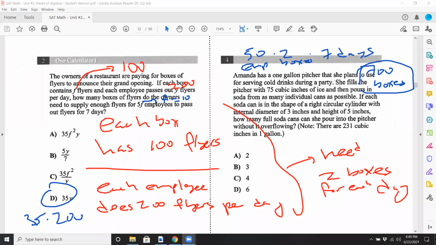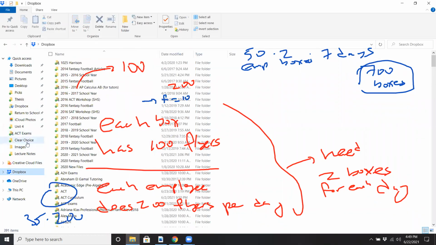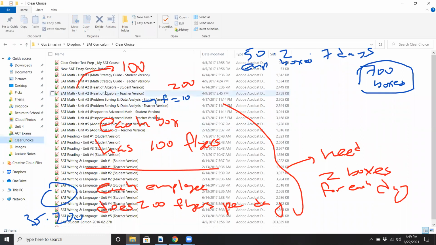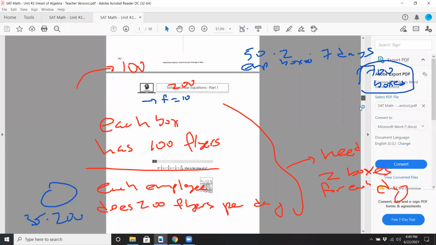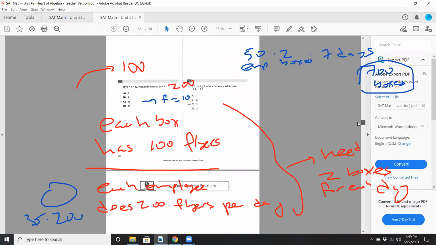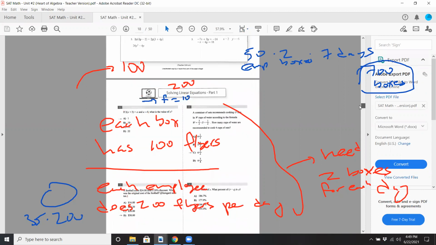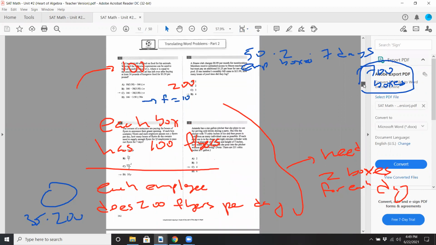Let me pull up the answer key, because I thought for certain this was D. Hold on a sec. Huh. I wonder what I'm doing wrong.